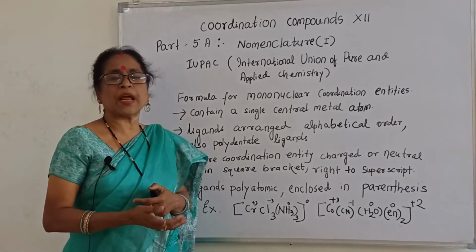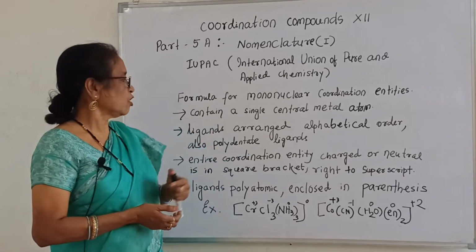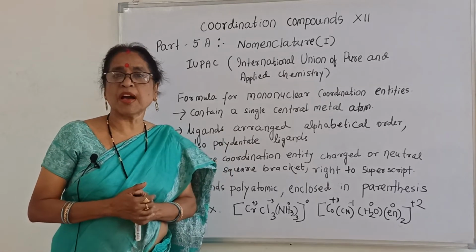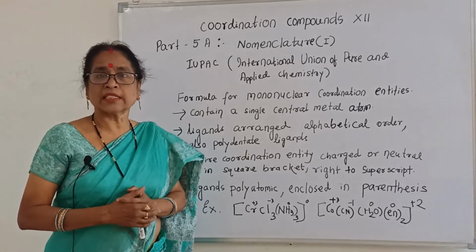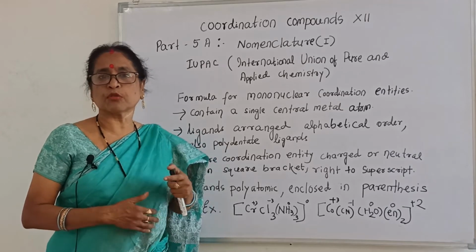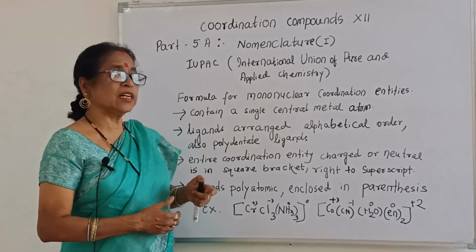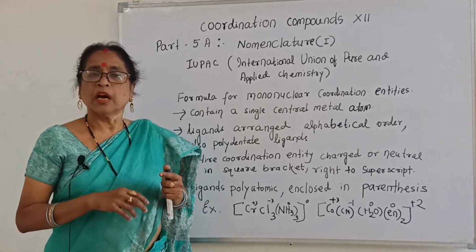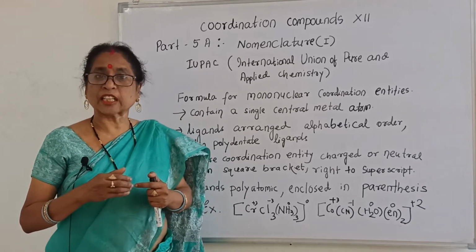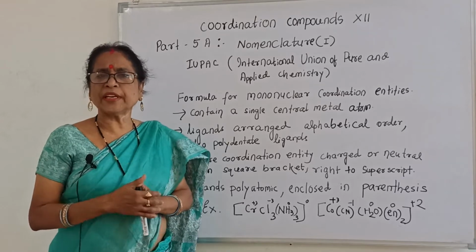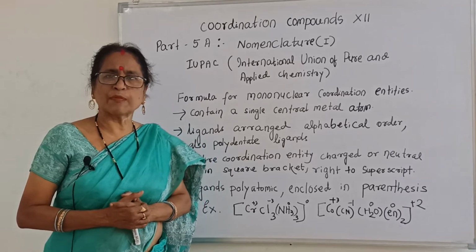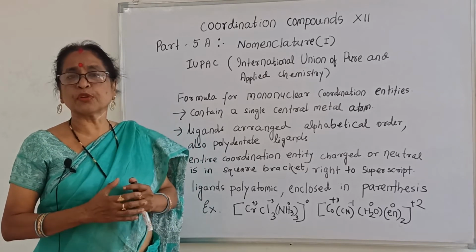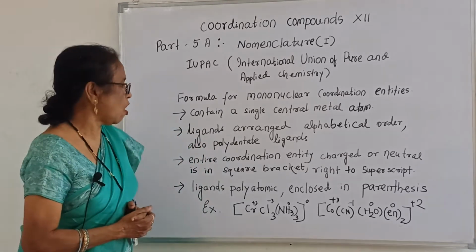This also applies to polydentate ligands. For example, Cl minus is called chlorido; the names of the ligands you will learn later. Br minus is bromido, and carbonate is carbonato. You follow the alphabetical order: carbonato comes first, then chlorido, and next bromido. It should follow alphabetical order.